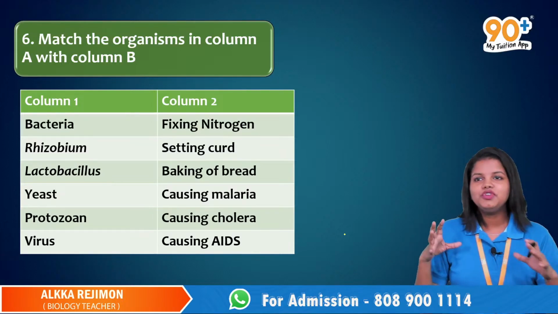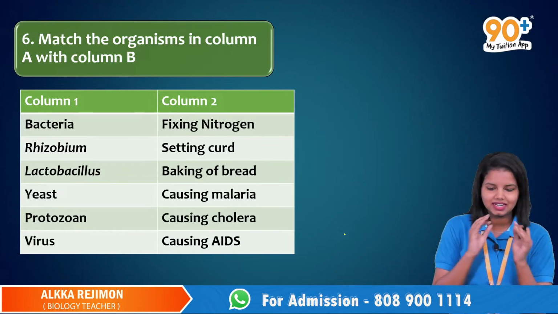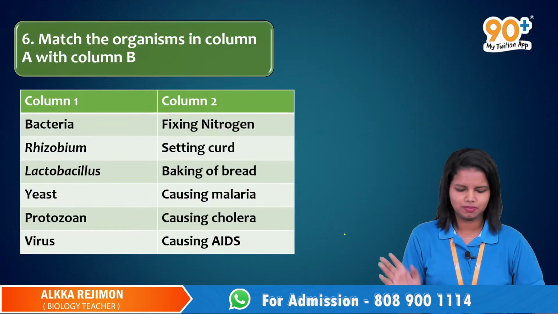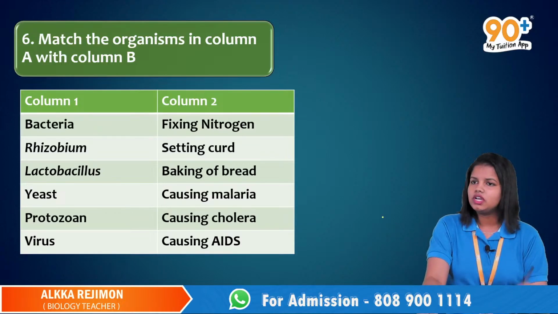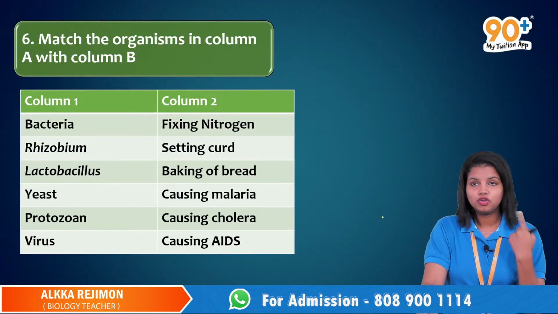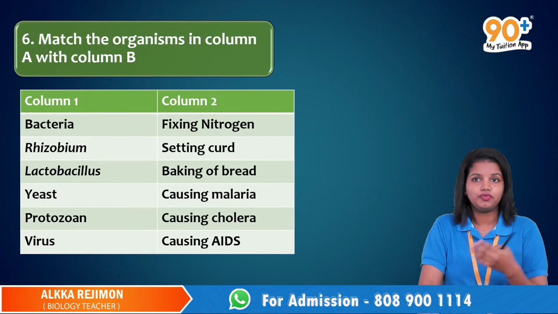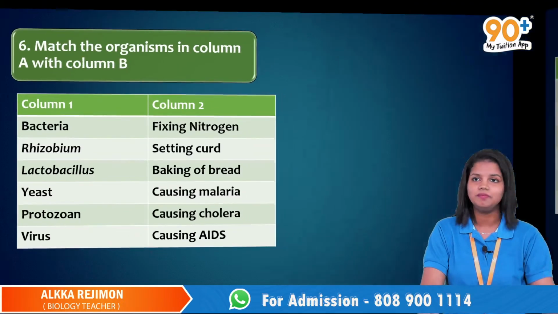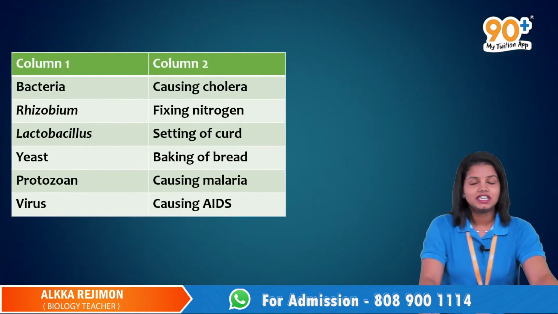If you know the entire chapter clearly, you will be able to answer this very simple match the following. So, without wasting much time, let me jump to the answer. If you need, you can pause the video and try to match them. So, here it is.